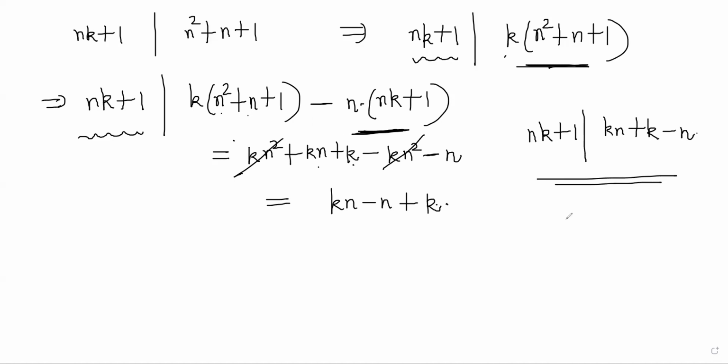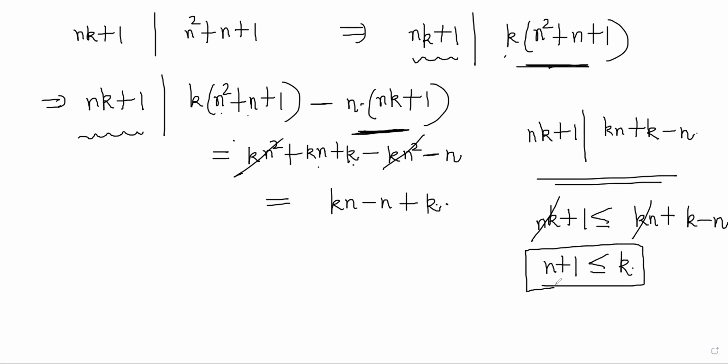Great. So that means that nk plus 1 is less than or equal to kn plus k minus n. And now we can cancel off the kn from both sides of the inequality. And we got n plus 1 is less than or equal to k from here, right? Now think about what we had seen earlier.